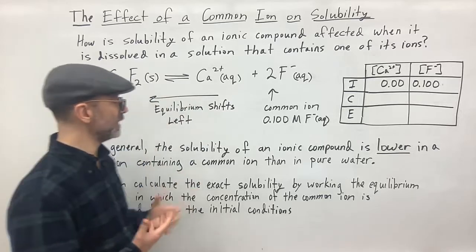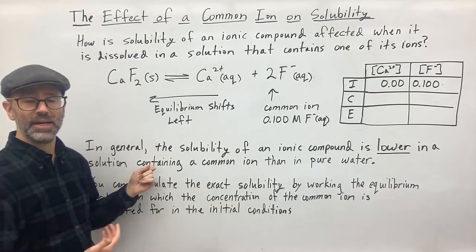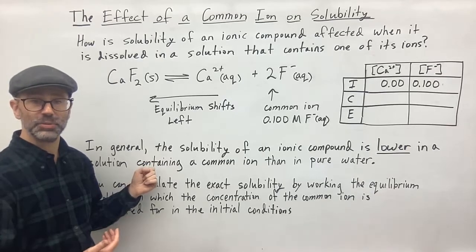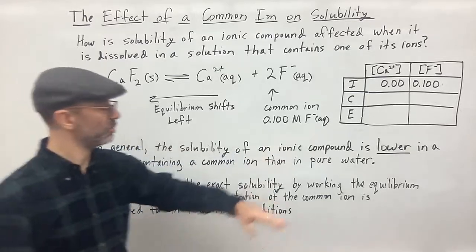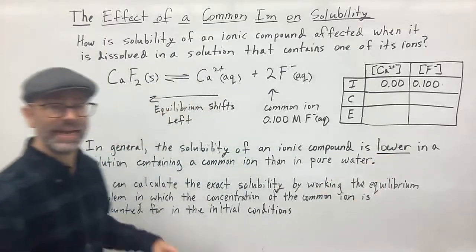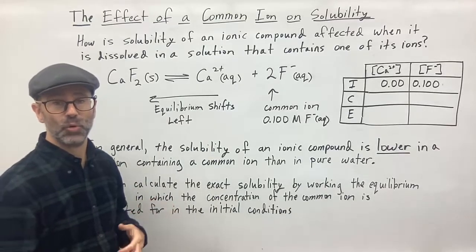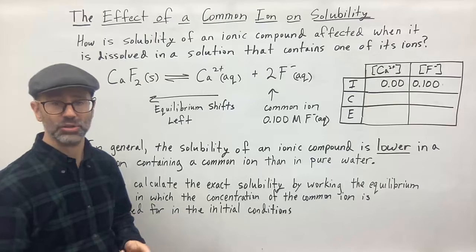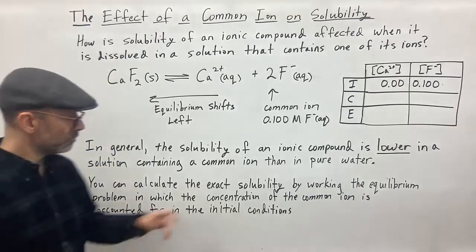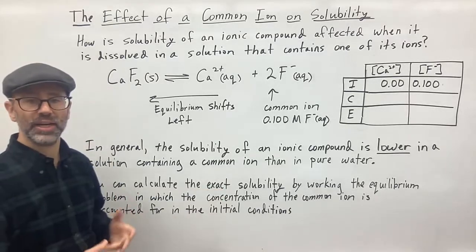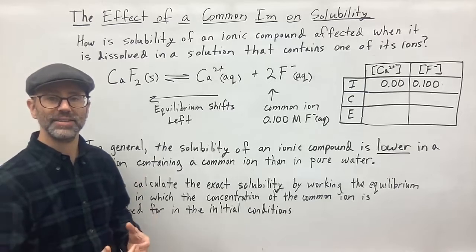So generally speaking, we can understand the effect of the common ion according to Le Chatelier's principle: in general, the solubility of an ionic compound is going to be lower in a solution containing the common ion compared to that in pure water. So it's going to be less soluble. You can calculate the exact solubility by working an equilibrium problem just like you normally do, using your ICE table.